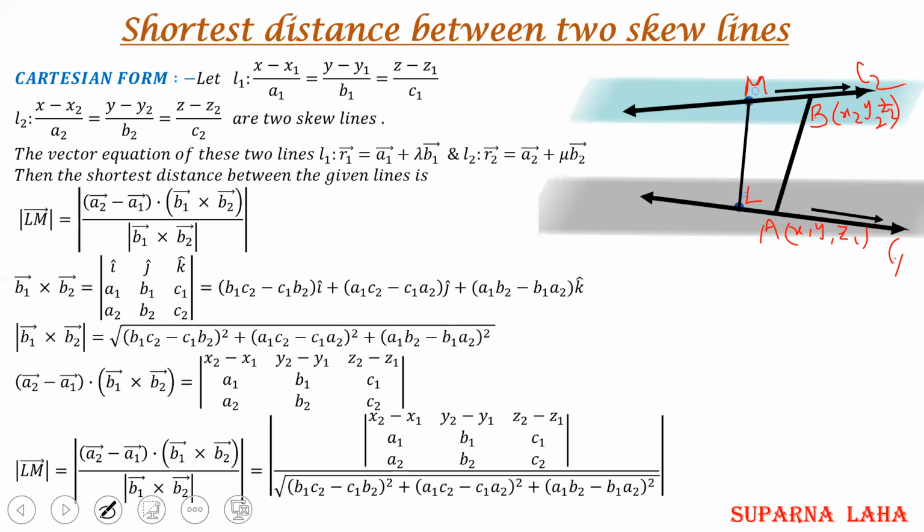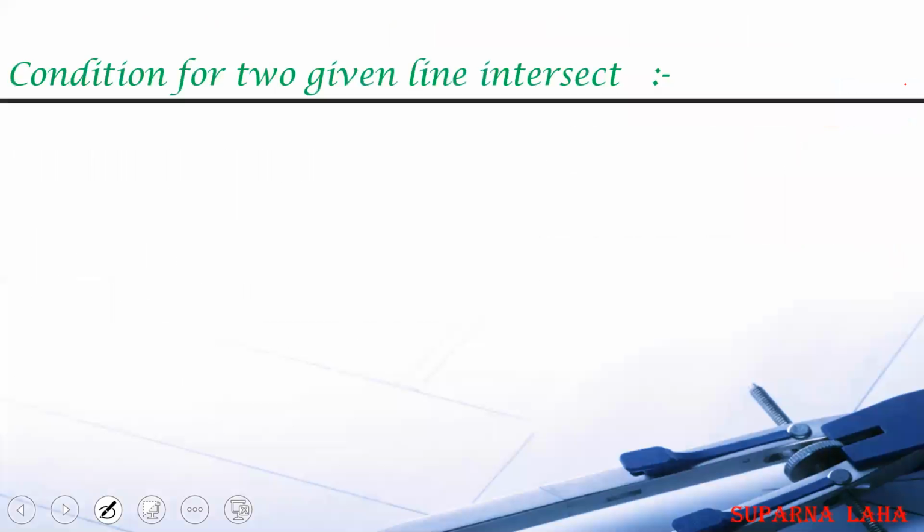Okay. Now, if the equations of two lines are given, how do we identify whether the lines are intersecting or not? If the lines are intersecting each other, then the shortest distance between the two lines should be 0. Right?